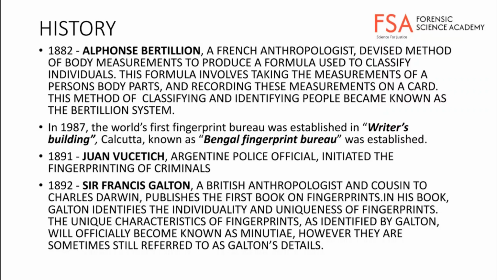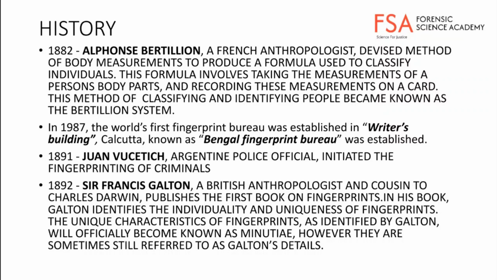Coming to 1892, Sir Francis Galton, a British anthropologist and cousin to Charles Darwin, published the first book on fingerprints. In his book, Galton identifies the individuality and uniqueness of fingerprints. The unique characteristics of fingerprints, as identified by Galton, would officially become minutiae.